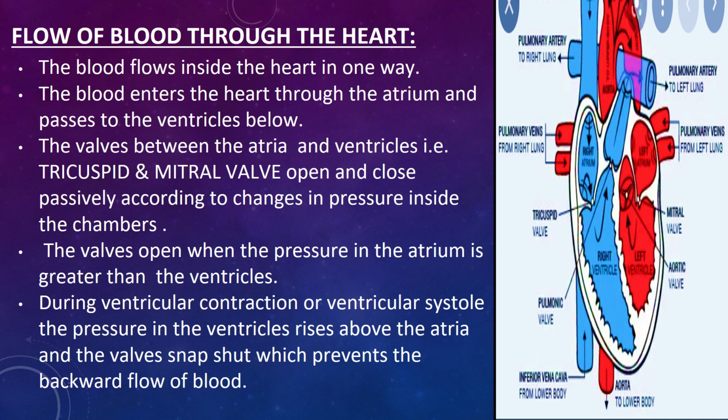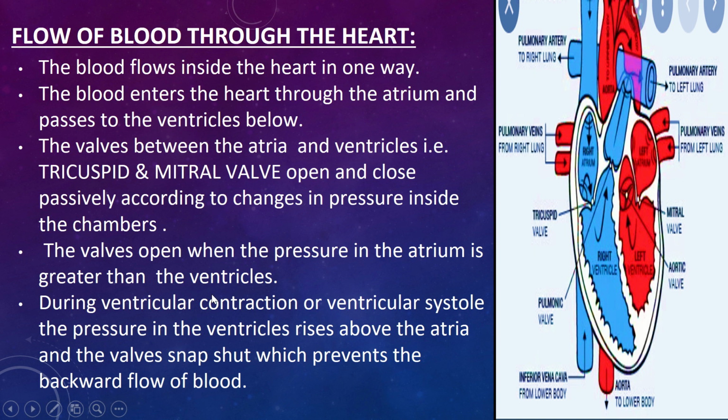In the same way, when the pressure in the atrium is greater, the tricuspid and mitral valves open, and blood passes from the atrium into the ventricle on both sides. The valves open when the pressure in the atrium is greater than in the ventricle.